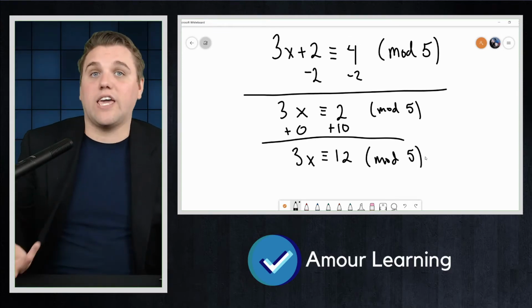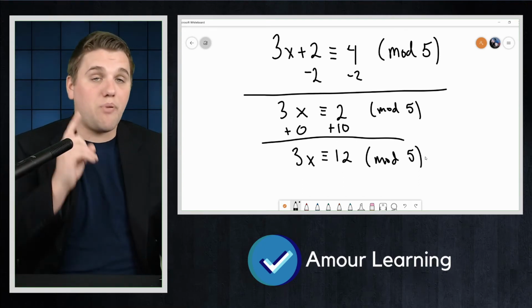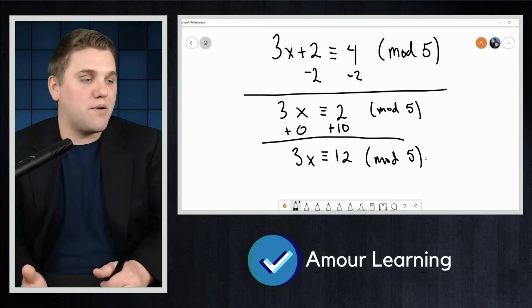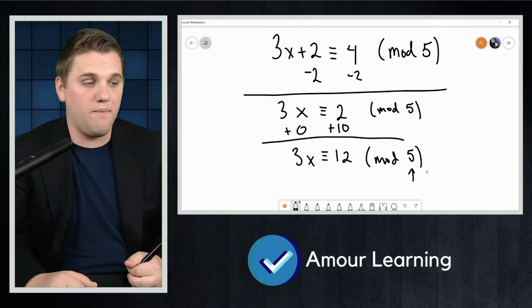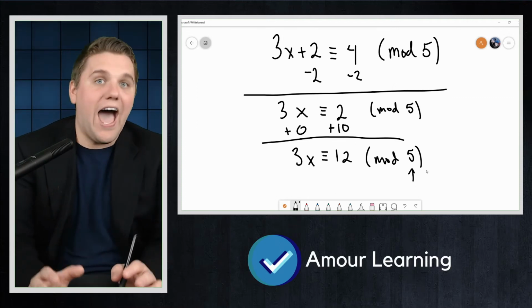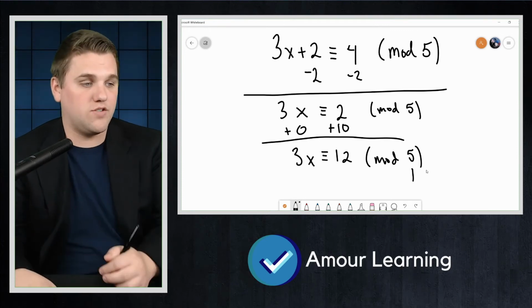Okay, and now I can solve by dividing both sides by 3. Now, it's important that when we divide both sides by a number, if that number is not relatively prime to the modulus, then you have to be very careful with how you divide. We've discussed that in a previous video.